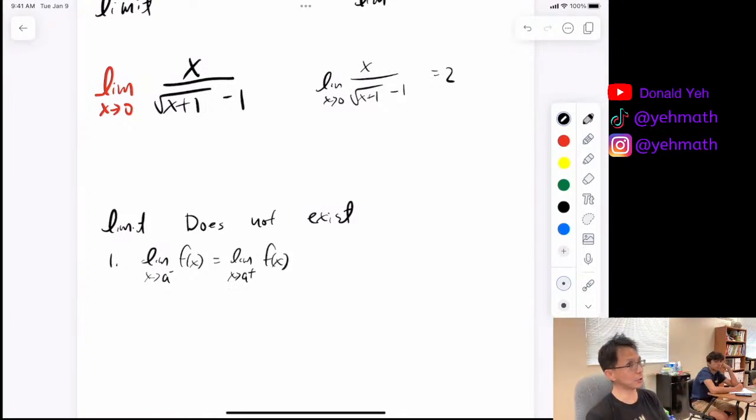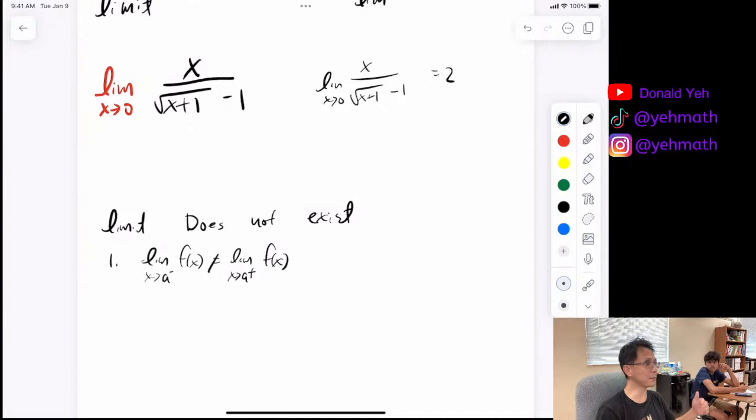That means, so the last limit exists because they both come into 2. From the left side, it comes into 2. From the right side, it comes into 2. So therefore, the limit does exist. But in the situation where we're approaching the left side and it does not equal the right side, when these do not equal each other, the limit does not exist.